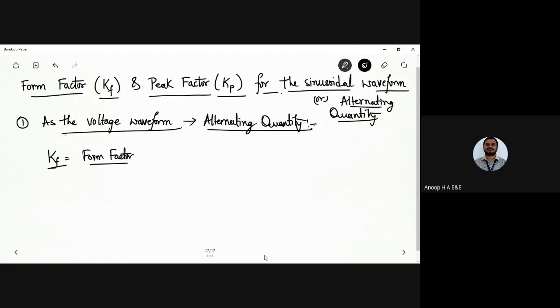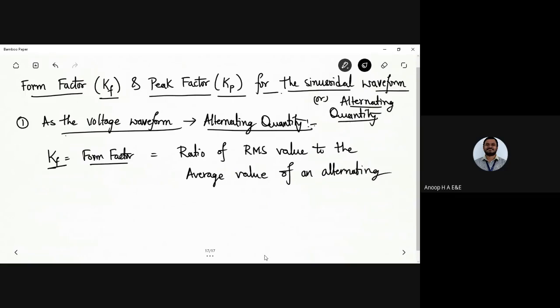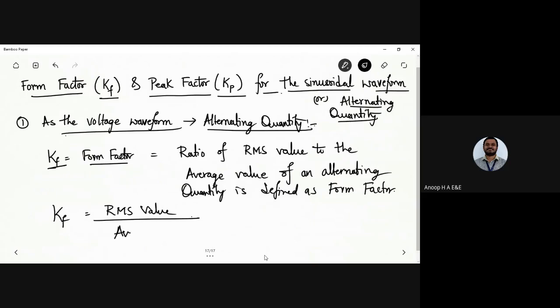Very important: the ratio of rms value to the average value of an alternating quantity is defined as form factor, that is kf will be the rms value divided by the average value.